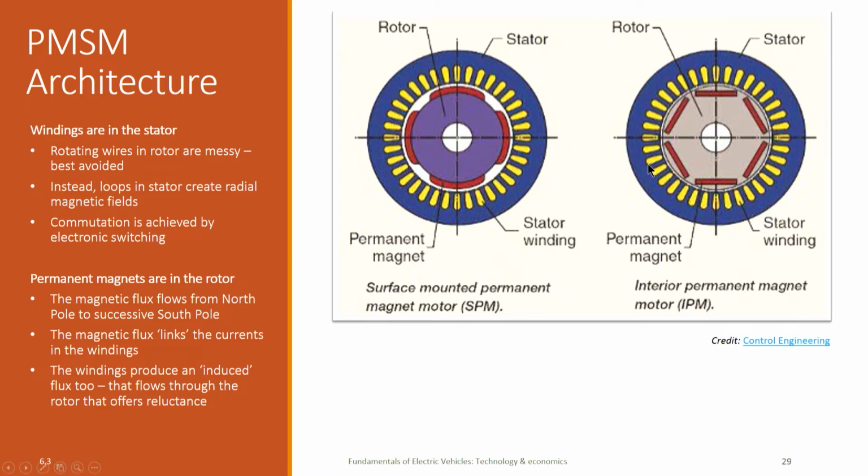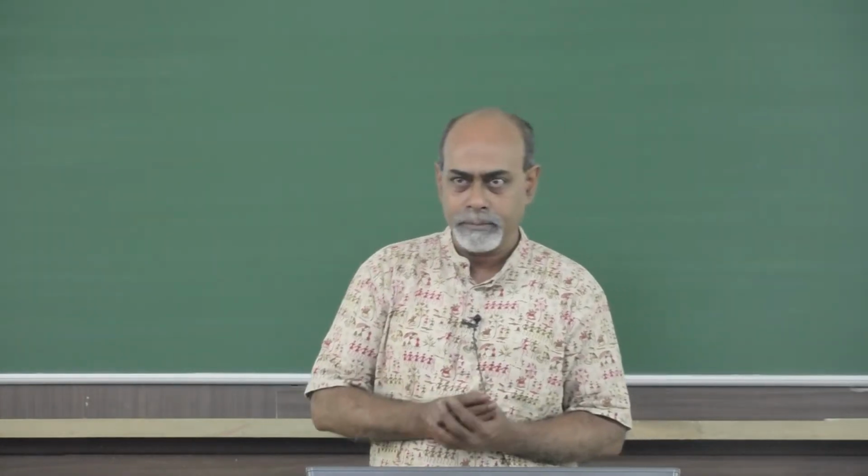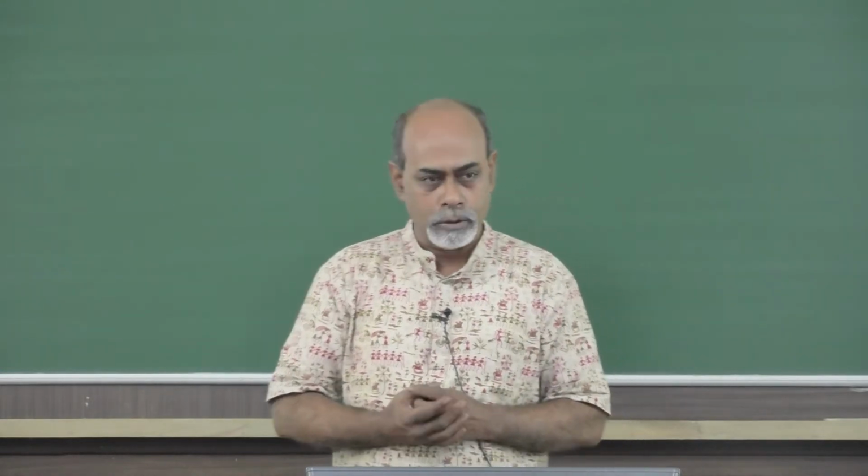They will be typically alternating in polarity, north alternating with south, and in this picture that you see, the IPM motor has 3 pole pairs, and the magnetic field will go from every north pole to the successive south pole. That is the way the field will travel, and along the path it will link the wires in the stator through which current is flowing, and when a flux linkage happens due to a magnetic field that is cutting across them, you know that that will result in torque production.